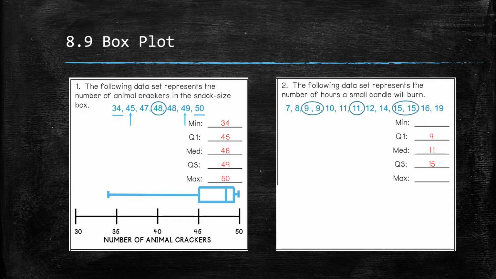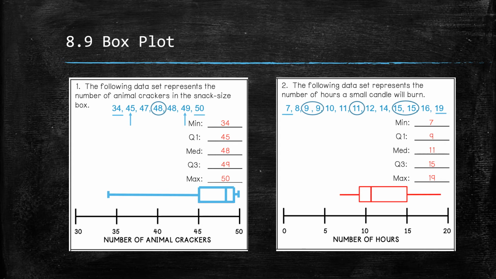And then you're going to identify your minimum and maximum, so your least and greatest, that spread. Hopefully you made a number line. Now your number line might look a little different than mine. I started with 0 and went to 20 because that's within the range, but you could have started at 5 and went to 20 or 25.